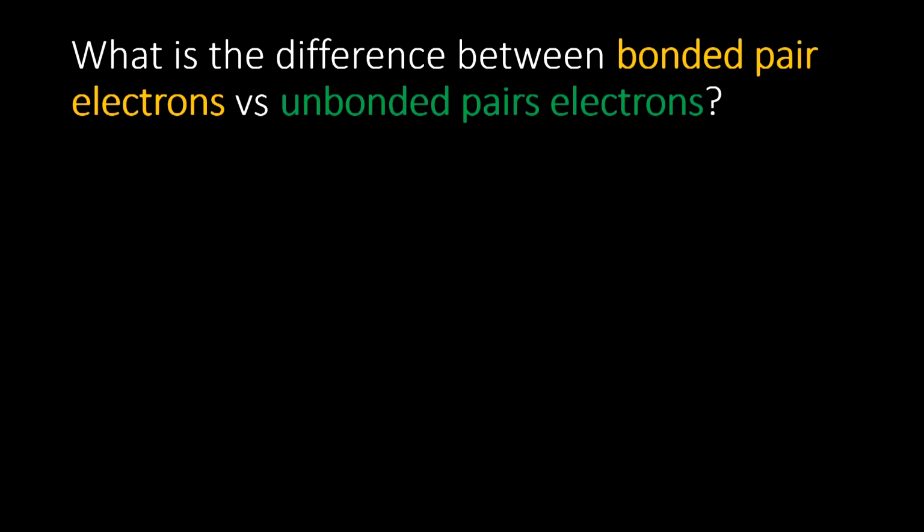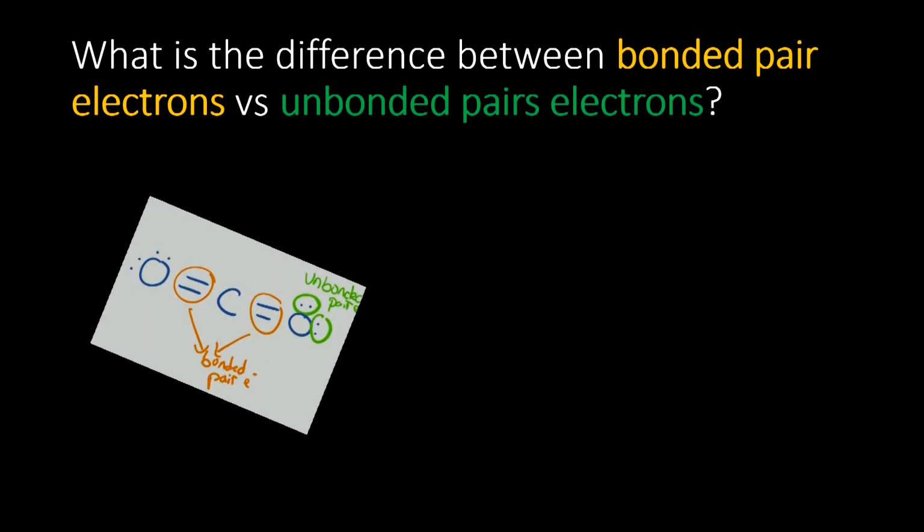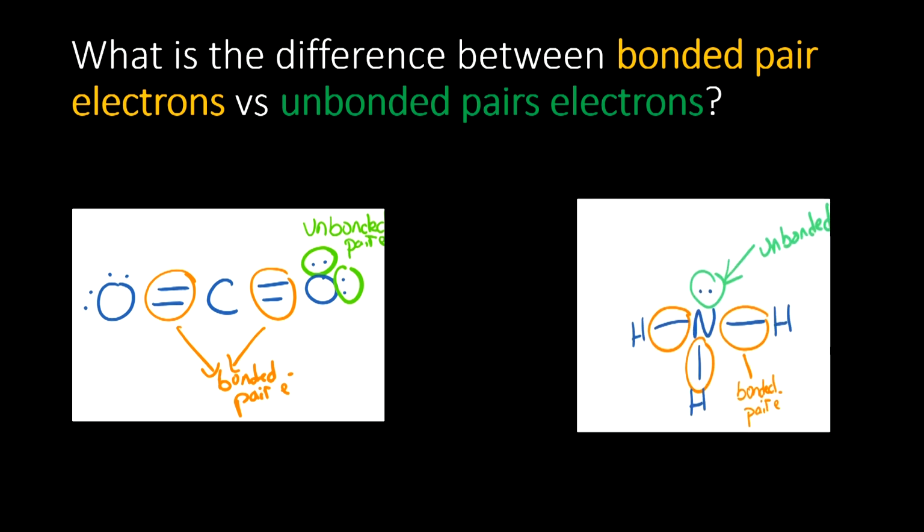And I'd like to start off with asking you a question. So, what is the difference between a bonded pair of electrons versus an unbonded pair of electrons? On the screen, I have two diagrams here. The first one on the left is carbon dioxide, CO2. On the right-hand side, I have ammonia.